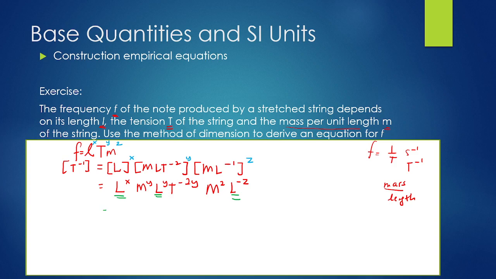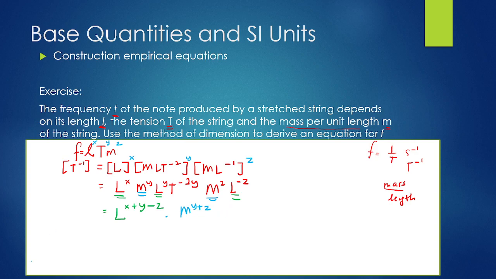So you have L x minus, oh sorry, there is y here. So you have x plus y minus z. Okay, and then you are going to regroup the M, that is M y plus z.